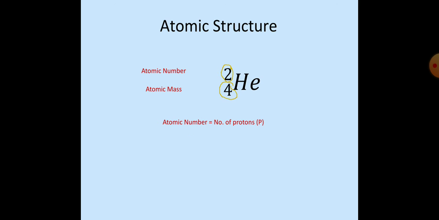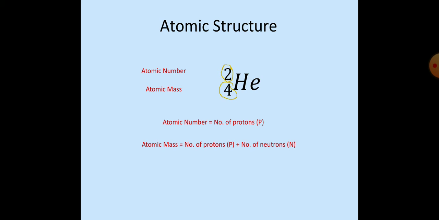So atomic number represents the number of protons. So kung titingnan natin yung atom ng helium, meron siyang dalawang proton. Okay? So what about the atomic mass? So ano yung nasa atomic mass? So atomic mass is the sum of the number of protons plus the number of neutrons.